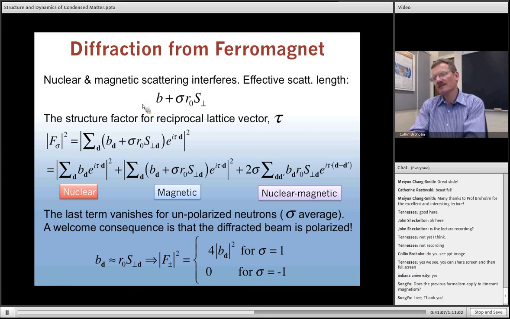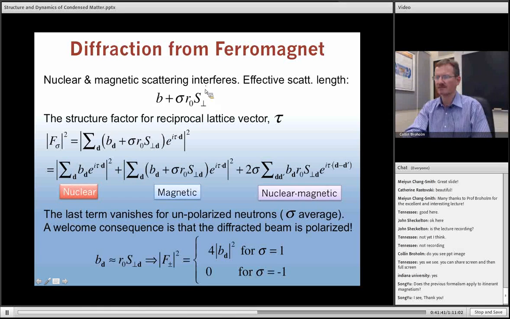And here I want to tell you about a case of a ferromagnet where there's a very close connection between the magnetic and the nuclear scattering. So I've written down basically the sum of the scattering length associated with the strong nuclear force and the scattering length, if you will, that's associated with the ordered dipole moment. So this is similar to what we did when we had the expression for the, what's it called, the optical potential.